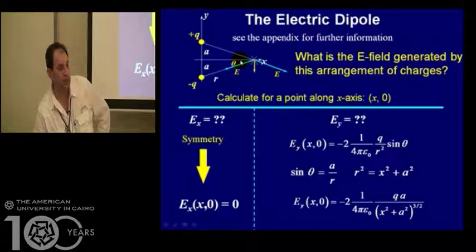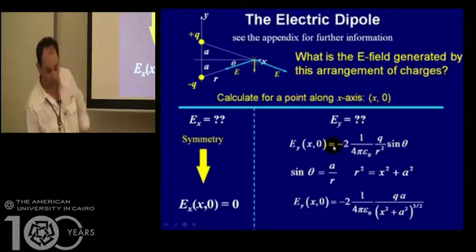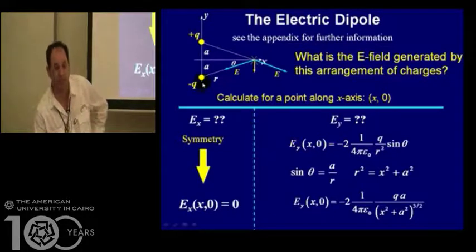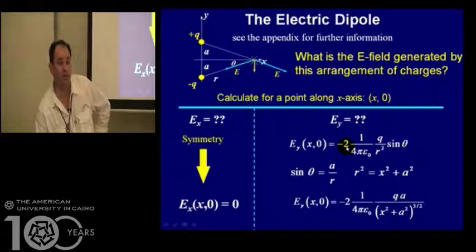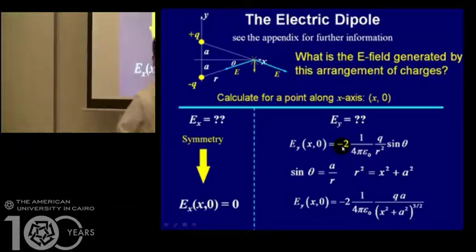So the electric field along the negative y-axis is going to be K, Q divided by R squared times sine theta. Then multiplied by 2 because we have two charges, so I'm taking into consideration the other charge, negative Q. And the negative sign, because it's along the negative y-axis.